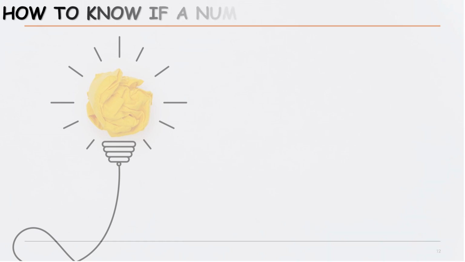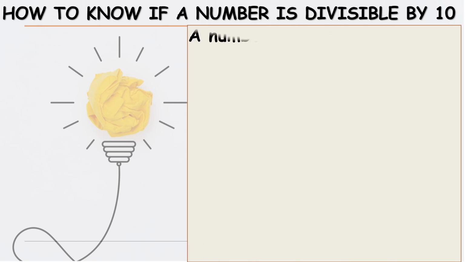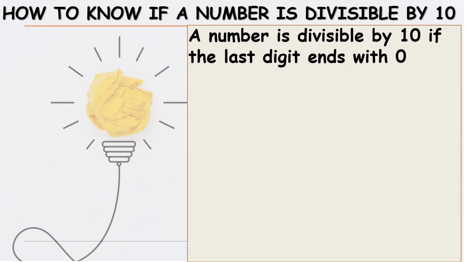Let's look at the last number we'll be considering for today. We want to know about numbers that can easily be divided by 10. This is a very simple one. Any number that ends with 0 is divisible by 10.